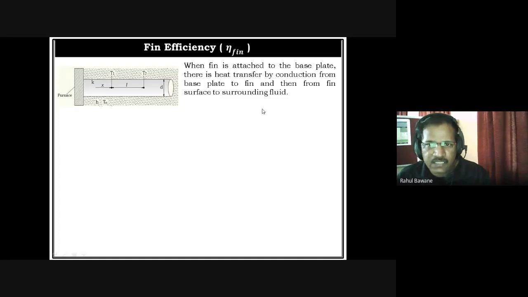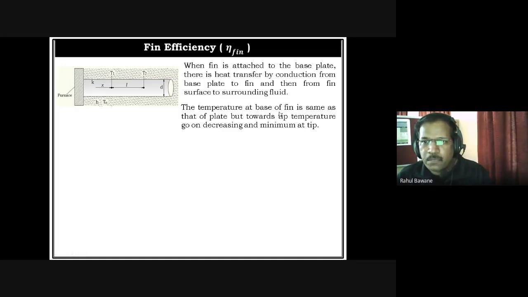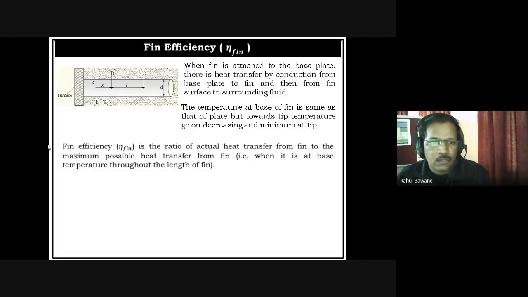The temperature at the base of the fin is the same as that of the plate because it is just attached to the heating plate, but towards the tip temperature goes on decreasing and is minimum at the tip. So fin efficiency is the ratio of actual heat transfer from the fin to the maximum possible heat transfer from the fin. Now what is maximum heat transfer? That is when it is at the base temperature throughout the length of the fin.